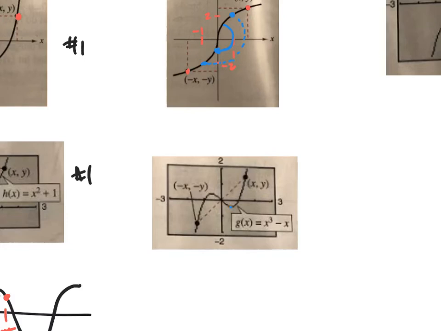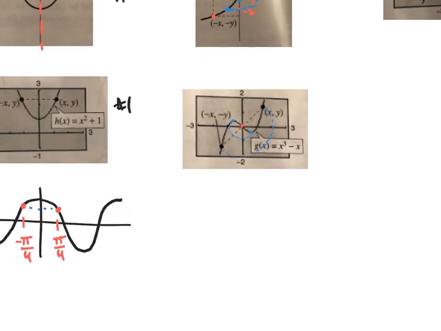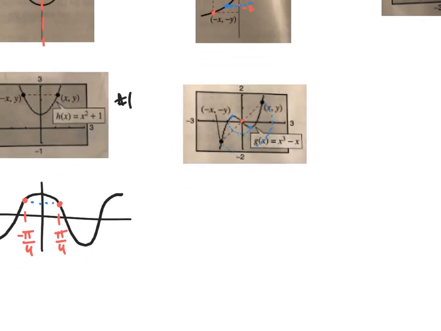If I took this point right here and rotated it 180 degrees, it would match up perfectly there. Likewise with these, that has origin symmetry. The reason why is because when I rotate it 180 degrees, the origin is the center of rotation. So graphically, I can show you another odd function.